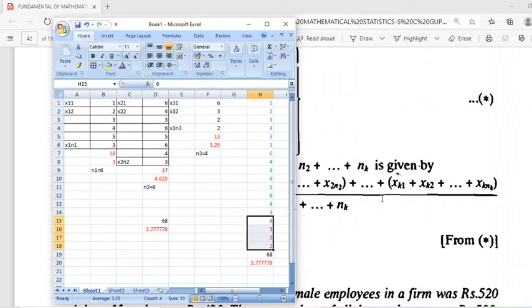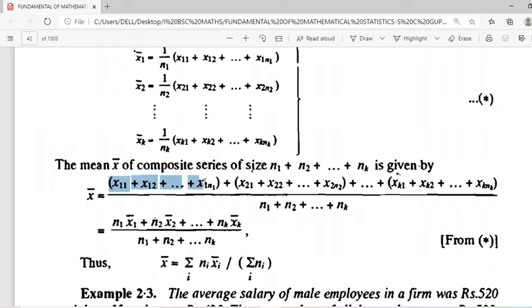So that representation is given here: the total of the first set of observations plus the total of the second set plus the total of the last set, divided by the total number n1 plus n2 plus etc. plus nk.